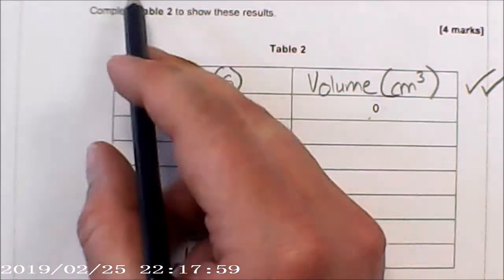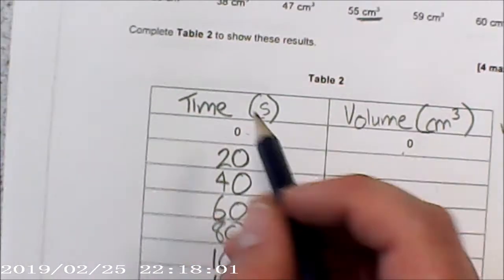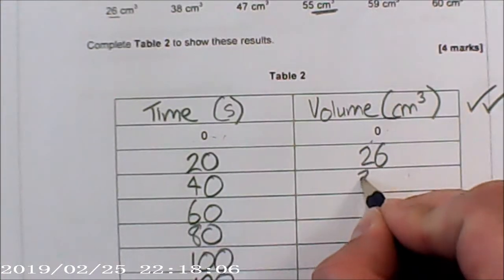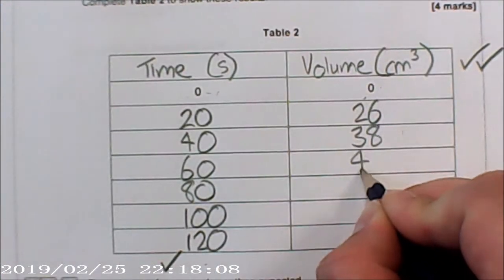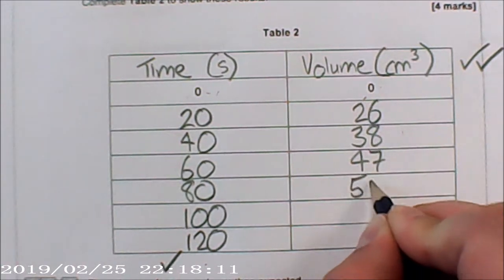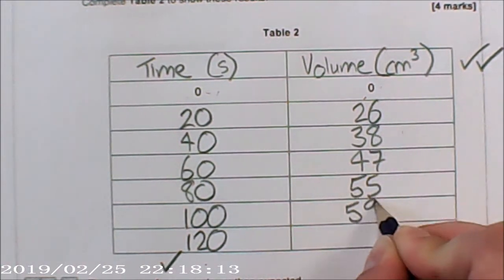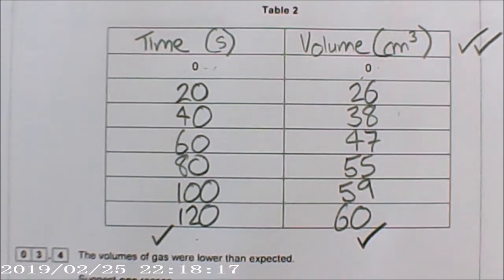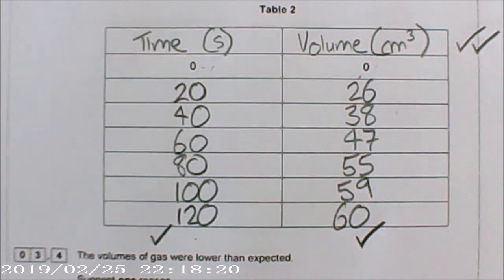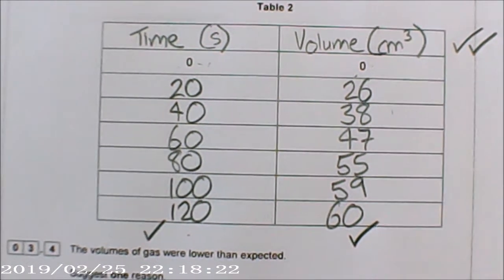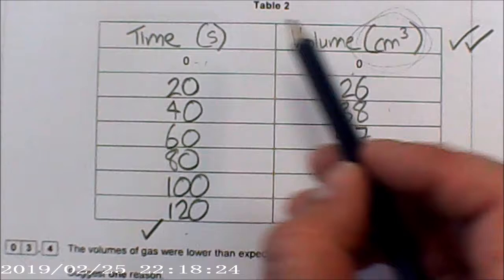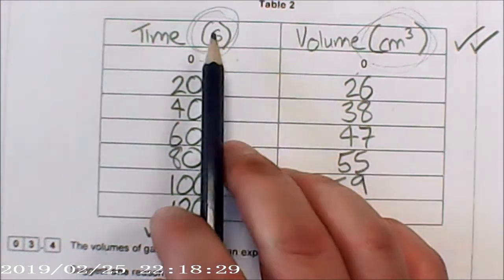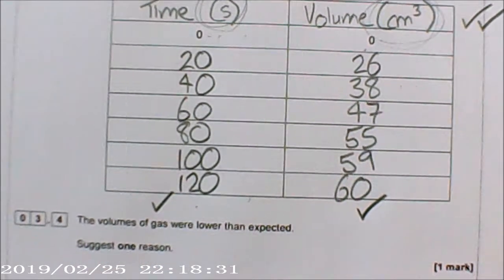On the volume side, we just need to plug the numbers in the right order. So the first one is 26, so it goes 26, then 38, 47, 55, 59 and 60, and that's another mark. So 4 easy marks to get on this question. Just remember the units go at the top, don't include them on each number. It needs to go in the top in the title.